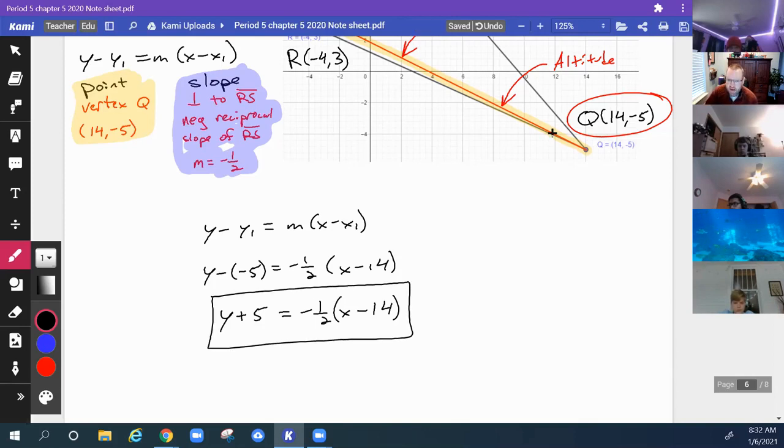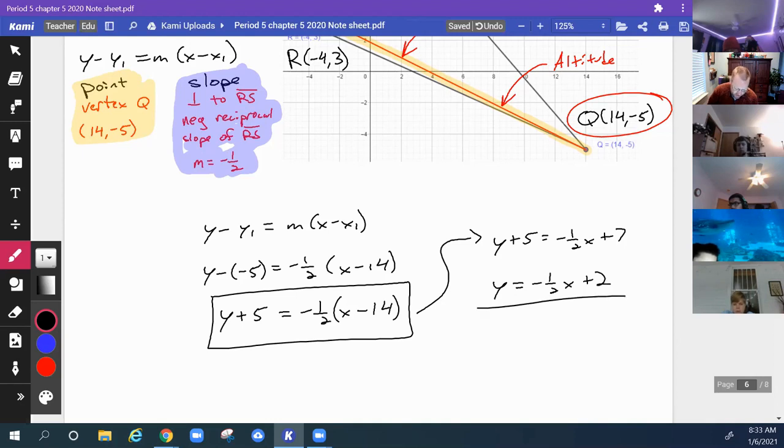A lot of kids like to write it as y equals mx plus b, which is totally cool. So if I did that, I would get y plus 5 equals negative 1/2 x plus 7. So y equals negative 1/2 x plus 2. So either of these are acceptable. Just remember, if it is multiple choice, it'll be one or the other. But that is what we're doing in this example. We're just finding the altitude.